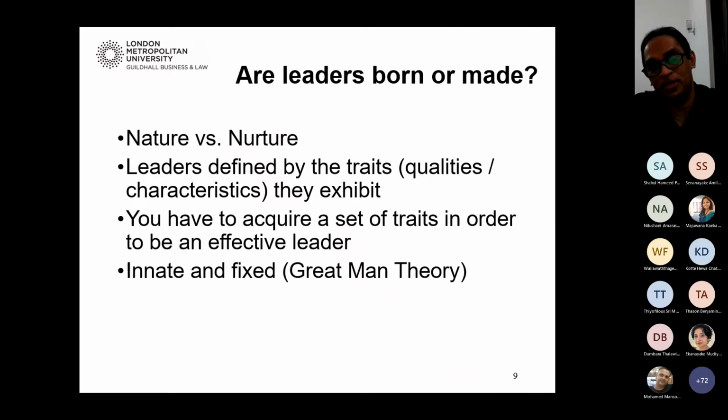Innate means inborn. You are born with it, and it's fixed to you. It's in your DNA. This is a very old theory, right? The notion is, unless you are born with a set of traits, you can't become a leader.